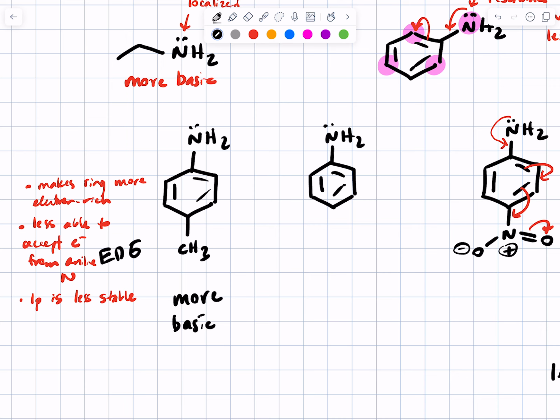Okay? So you can use the idea of electron donating groups versus withdrawing groups to stabilize or destabilize lone pairs as well, and then rationalize how reactive they should be.